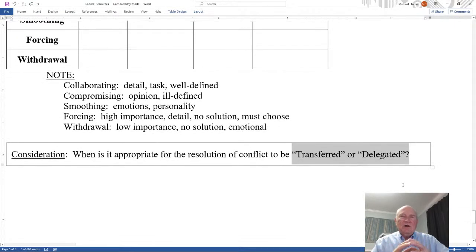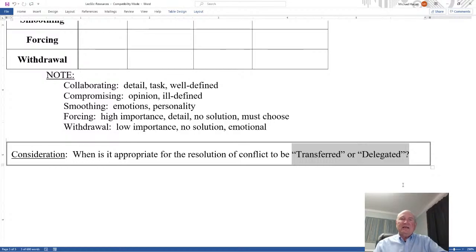Transferred says, I'm withdrawing, or the resolution of that conflict is no longer my responsibility. I'm placing that responsibility on someone else, some other organization, some other company. The conflict is over there. When should you transfer the resolution of conflict to someplace else?